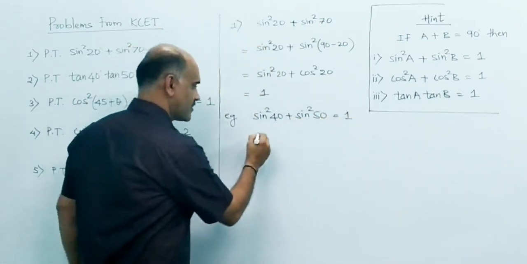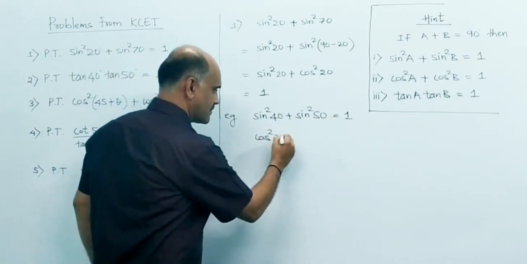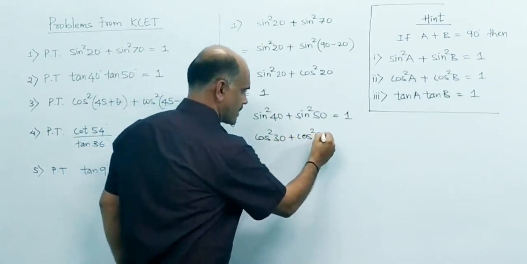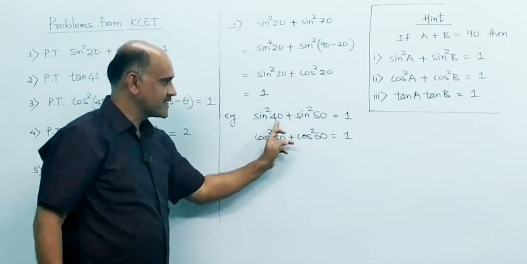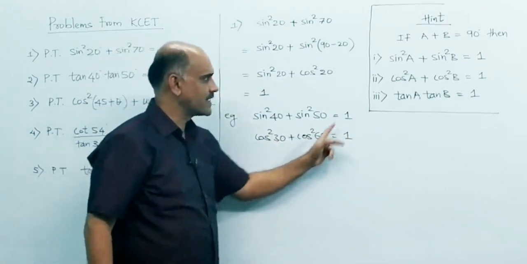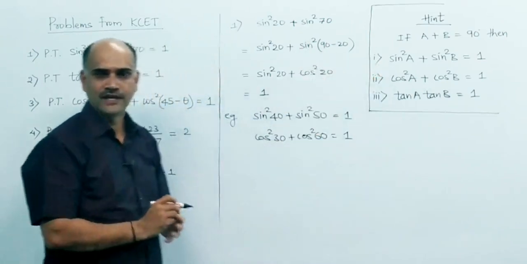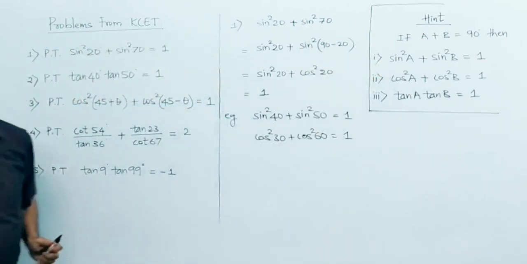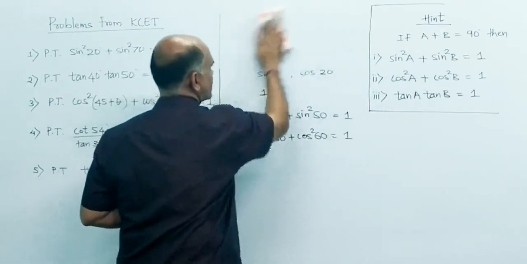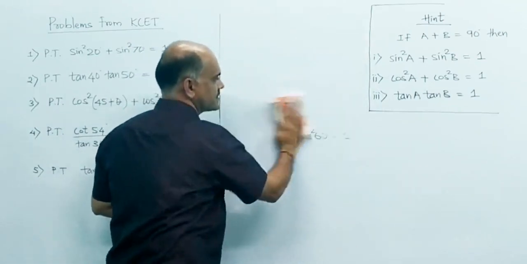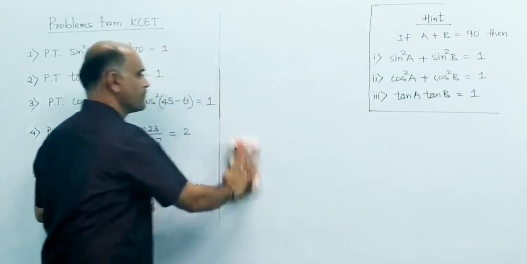Similarly, cos square 30 plus cos square 60 will also be equal to 1. So if the sum of two angles is 90, then that identity will be 1. On this basis, you can solve the other two problems also. You can note down this hint in your notebook, students.